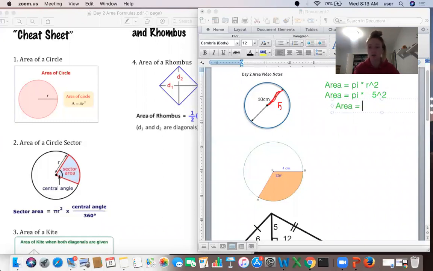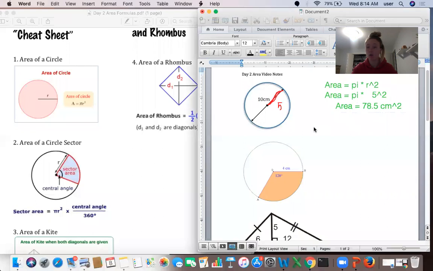Our area equals pi times r squared, or 5 squared, which is 25. Pi times 25 is 78.5. And remember, with area, we always do the unit. So this one is centimeters squared. And that is how we do area of a circle.